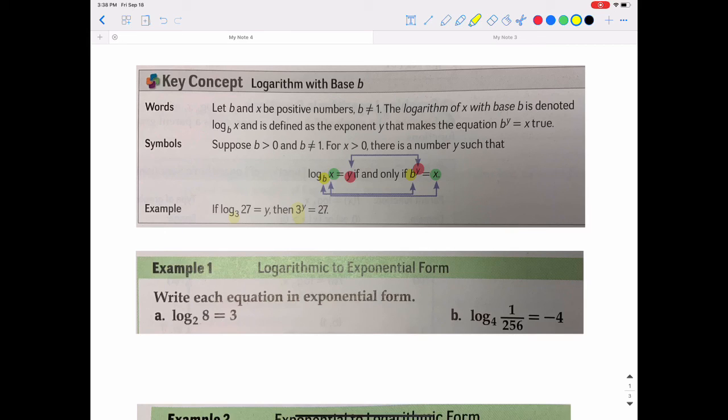And then notice that the answer to the logarithm, the y, is the exponent of the exponential function. And that the answer to the exponential function is what you're trying to find the logarithm of. So try to follow those patterns as we do these examples down below.